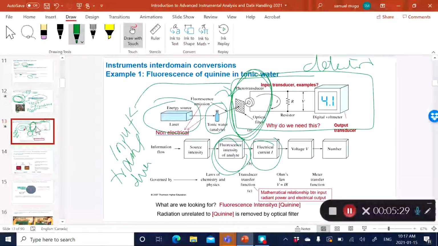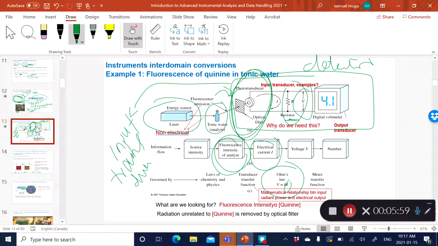And you can see again within the detector you've got a couple of transitions there where the current is converted into a voltage using Ohm's law. You can see the voltage is proportional to current, with resistance being the proportionality constant. So in essence you just need to put in a resistor, and the current is now converted into a voltage.